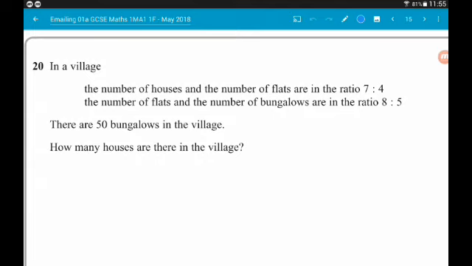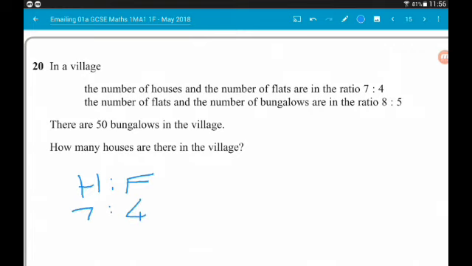So by the way, we are now in the questions that are also on the higher paper. So we got a lovely ratio one here. In a village, the number of houses to the number of flats are in the ratio 7:4. So I'm going to write that down. H to F, 7:4.